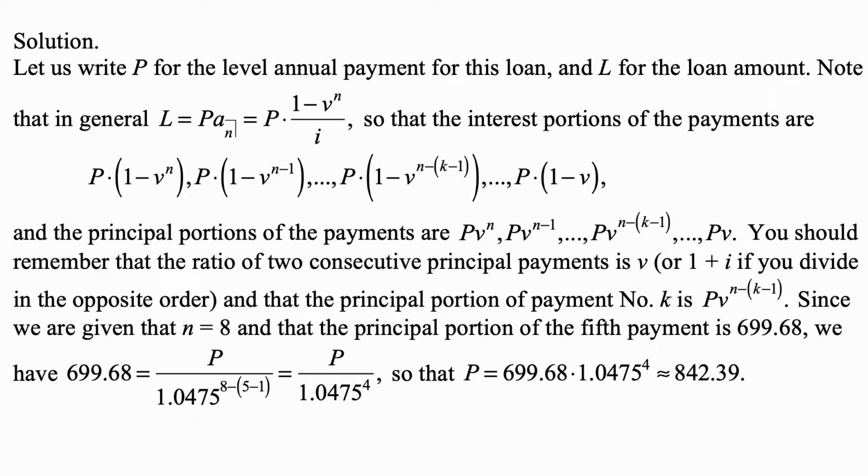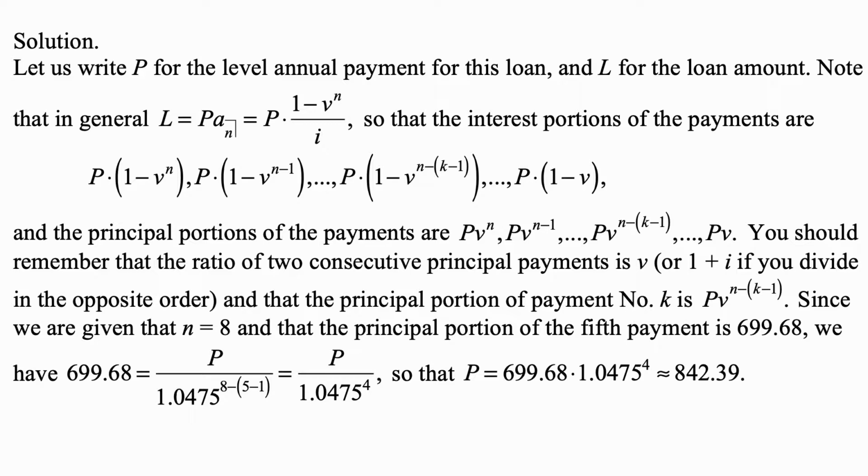You should absolutely remember that the ratio of two consecutive principal payments is v, or 1 plus i if you divide in the opposite order, and that the principal portion of payment number k is P times v to the n minus k plus 1. Since we are given that n is 8 and the principal portion of the fifth payment is 699.68, we have 699.68 is equal to P times v to the power 8 minus 5 plus 1, so P divided by 1.0475 to the power 8 minus 5 plus 1.